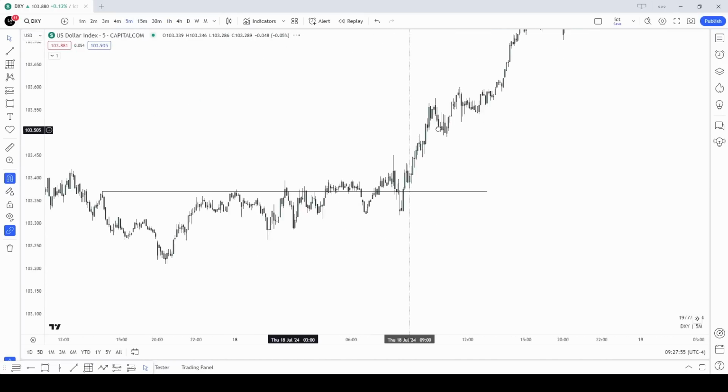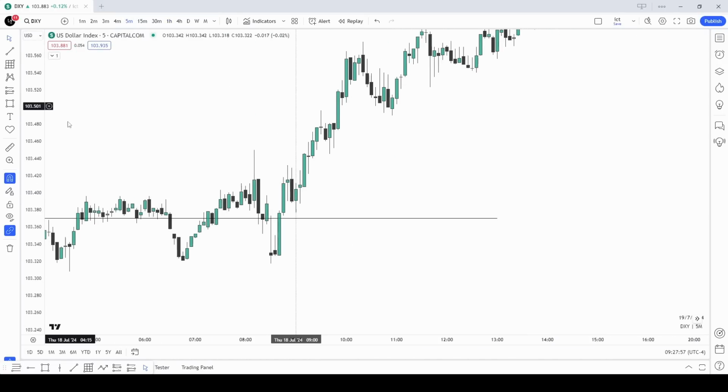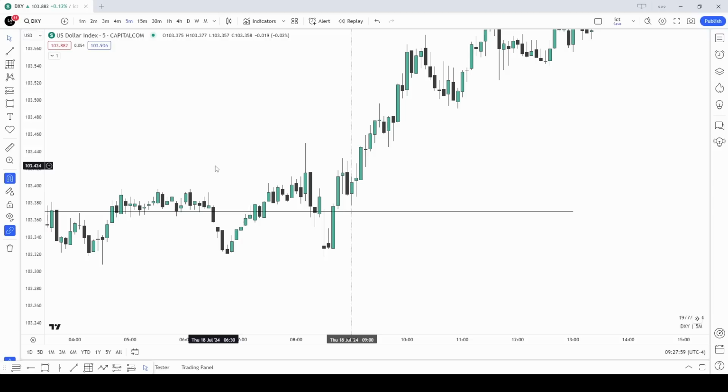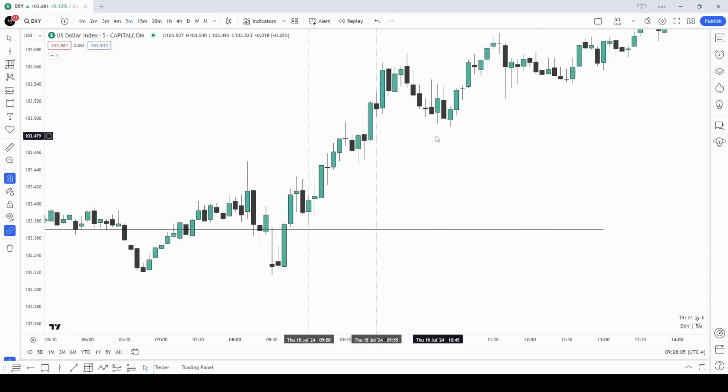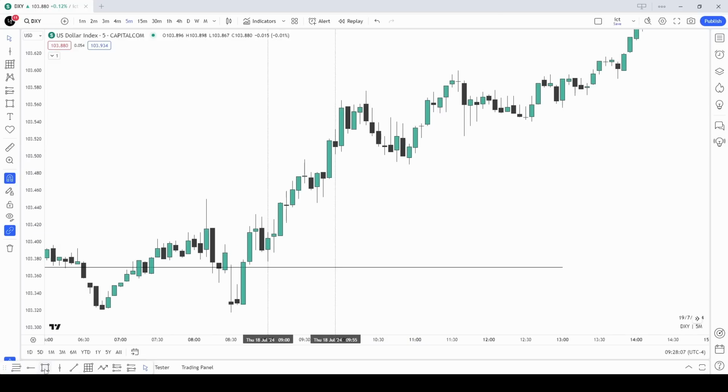On the 5 minute time frame, what's the logic here? Remember, we're looking for a fair value gap to be created. Do you see anything really clean on the 5 minute? That's your first thought. Yes, for one, if you take a look here, this fair value gap was created when? Inside of the 9 to 10 a.m. candle.